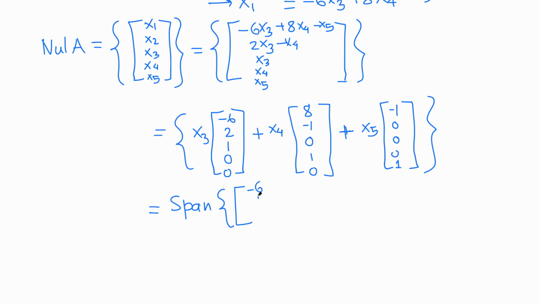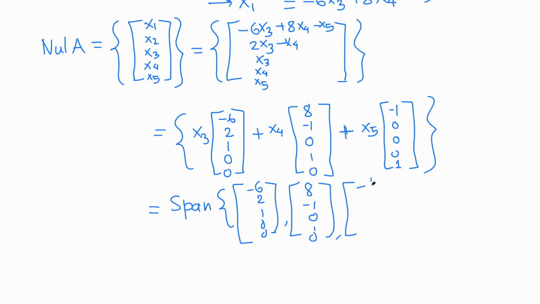The first vector is negative 6, 2, 1, 0, 0. The second vector is 8, negative 1, 0, 1, 0. And the third is negative 1, 0, 0, 0, 1.